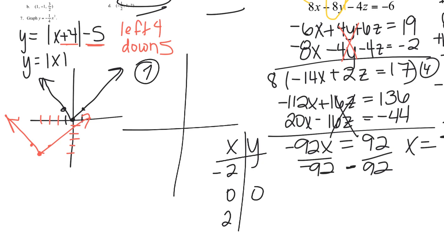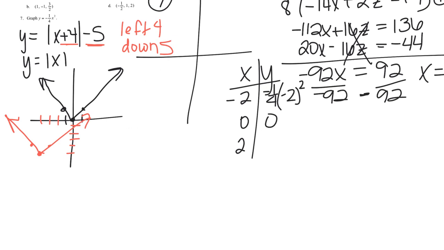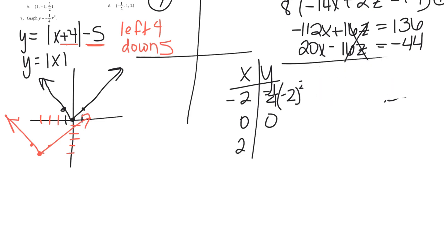When I plug in -2, I get -1/4 times -2 squared. Let me erase some of this. -2 squared is 4, so -1/4 times 4 is -1.